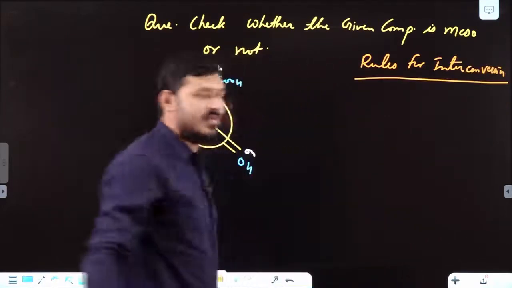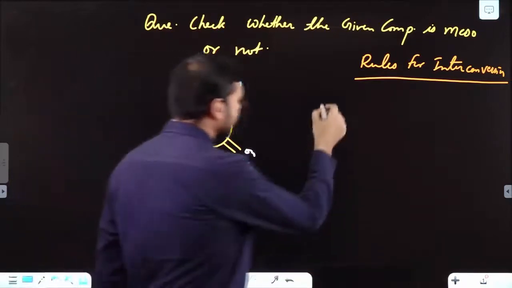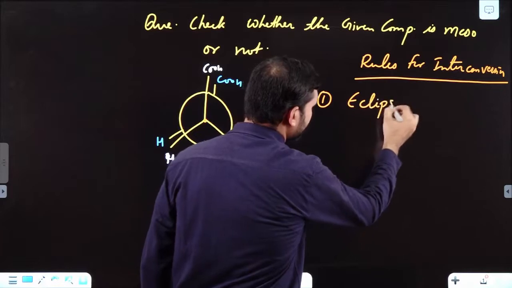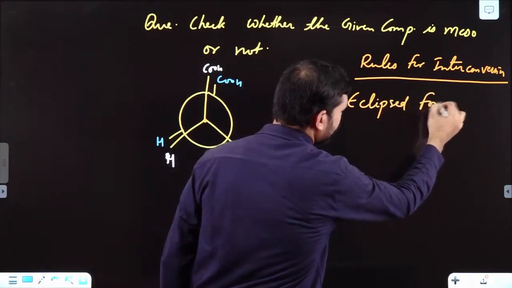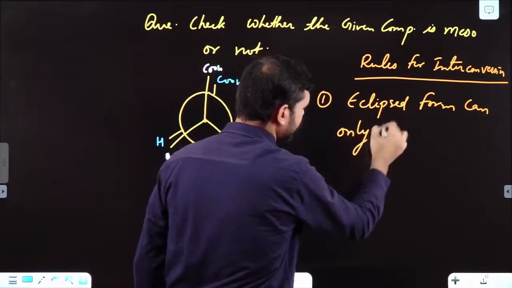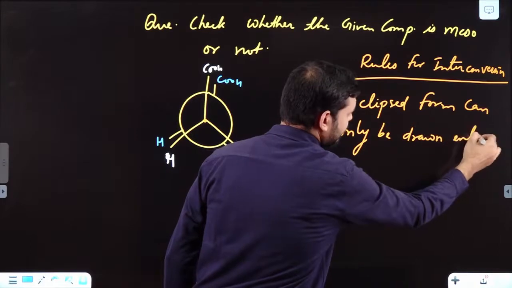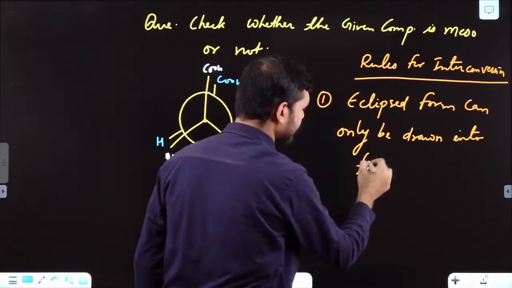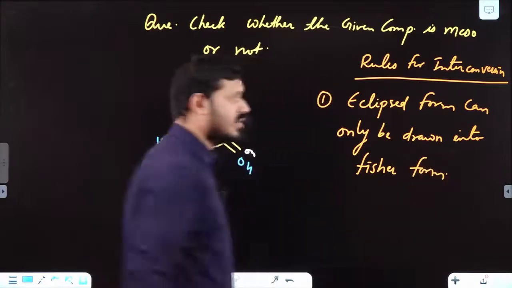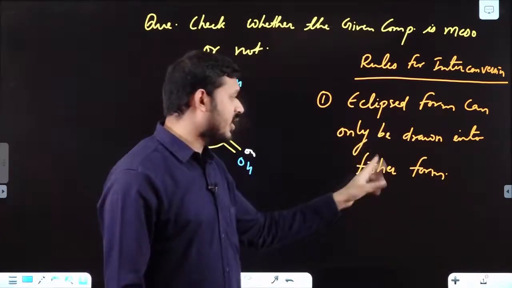Rules for interconversion. Okay, so here you need to learn a few rules. First rule is, see, the rule says eclipsed form can only be drawn into Fischer form.